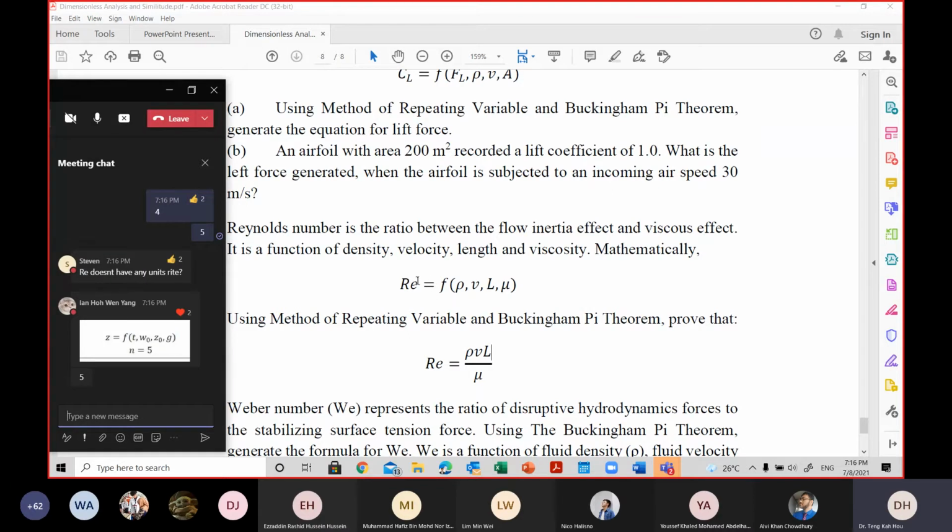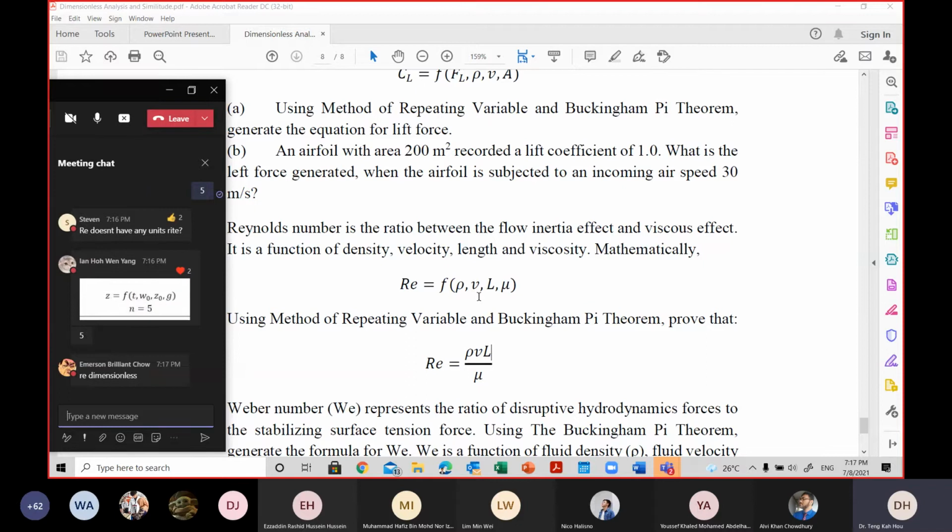Okay, so carry on with that. Anyway, just try first. I'm going to share the answer with you later, so don't worry. But I want you to know the tricky parts of this, even though the process seems very simple. Re is dimensionless, so it's no issue. It seems very simple, but students tend to get stuck when they see something unfamiliar.